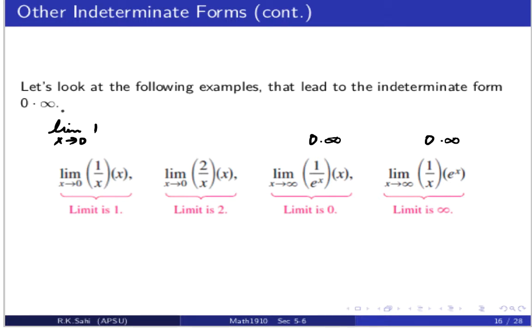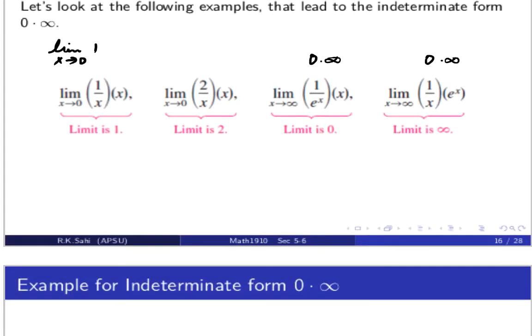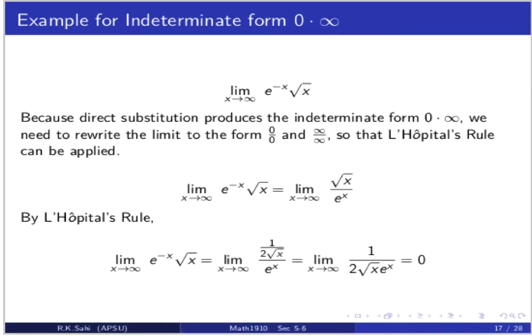Let's look at an example and see how we can play with these terms and change it to the form of 0 by 0 or infinity by infinity. So here's the example. Limit as x tends to infinity, e to the power minus x times square root of x.